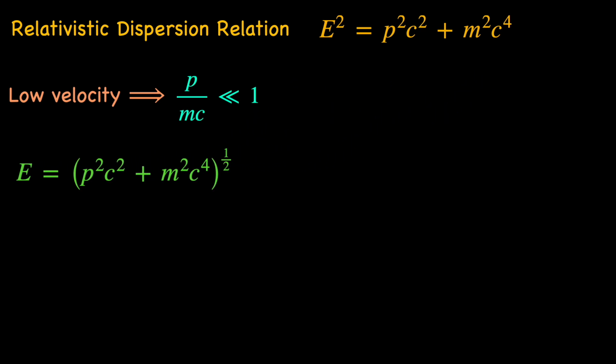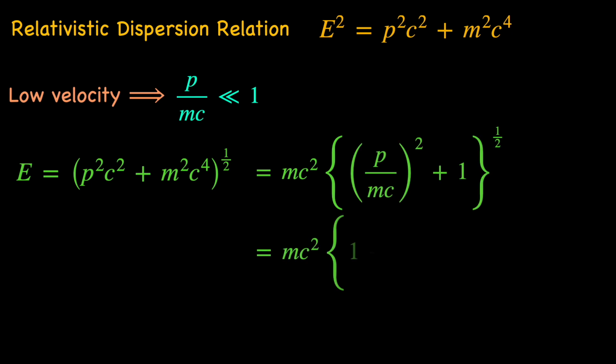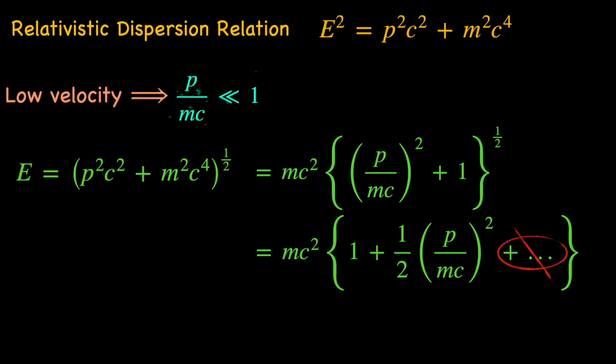Now, pulling the mc squared out, we can express the square root and retain only the first order in p upon mc whole squared. Ignoring the higher orders of p upon mc effectively means we have imposed the non-relativistic limit p by mc much less than 1 in our energy momentum relation.